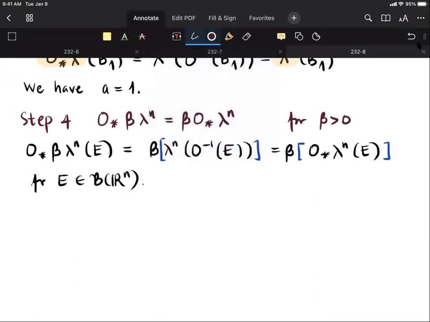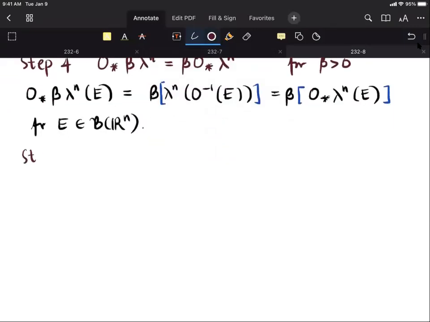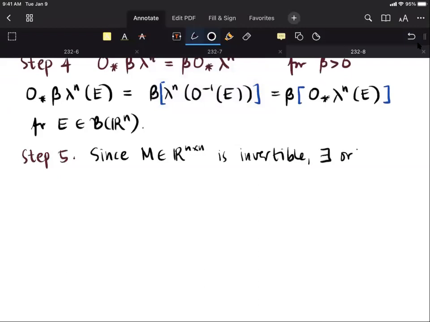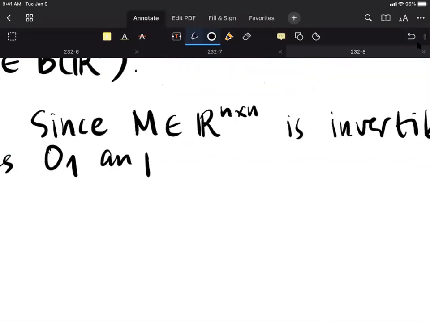Now for the final step, step 5. Since M is invertible, there exist two orthogonal matrices, say O1 and O2.